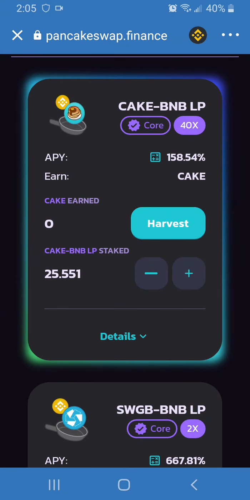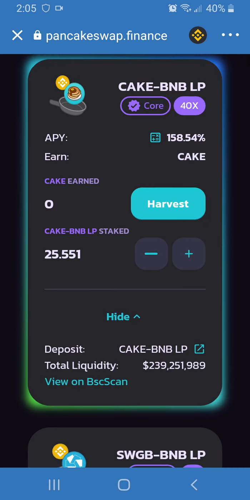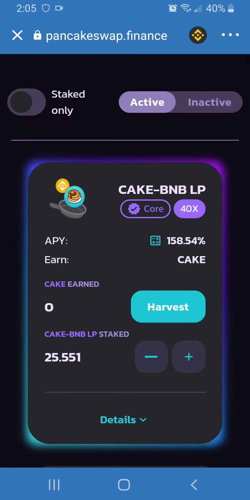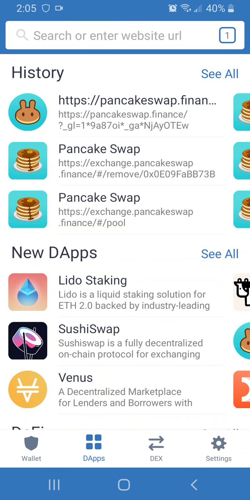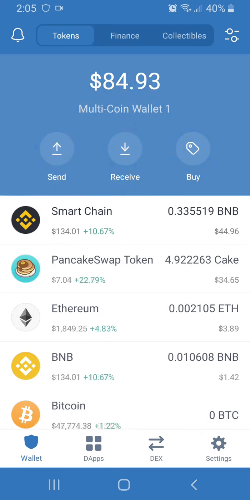I'm yet to actually check whether that gets sent to the wallet or when I stake, if that just gets compounded with. I would assume that it gets compounded with. So let's go all the way back out to the wallet. I'll have some differences here. Yep, as the coins pull out.